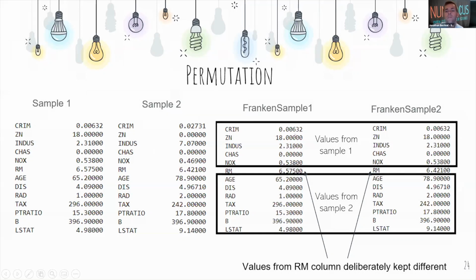And so what you'll see over here, again, there's a mistake in my slide because these two values should match right over here. But basically what we have now is two samples, where the top one has all the values from sample 1 and the bottom all from sample 2, but we've deliberately changed the two values in room, 6.575 and then 6.42 right over there.